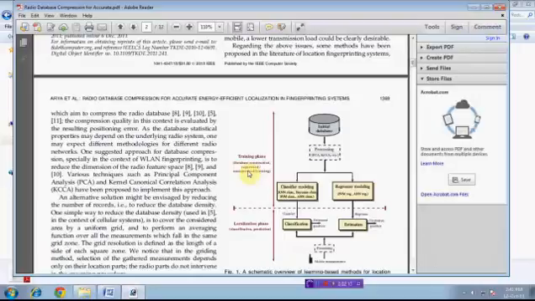In classifier modeling, we are using KNN classifier, Bayesian classifier, SVM support vector machine classifier, and ANN. ANN means artificial neural network. So here we use more than one algorithm-based classifier, and regression modeling uses two models. One is support vector machine regression and the other is ANN, artificial neural network.